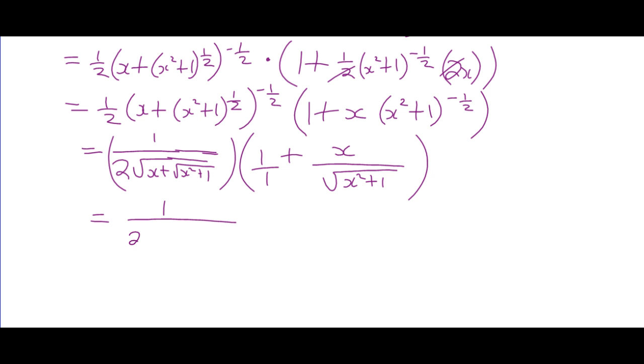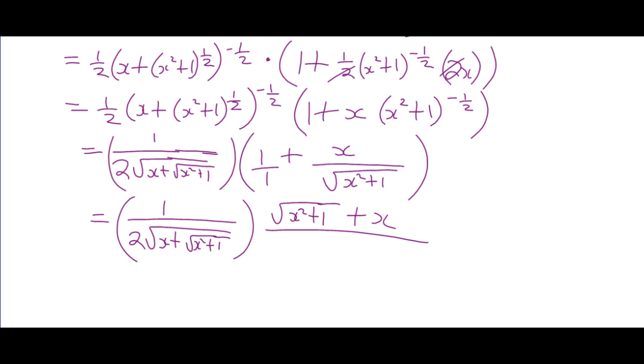So 1 over 2 root x plus root x squared plus 1, and this will be root x squared plus 1 plus x all over root x squared plus 1.